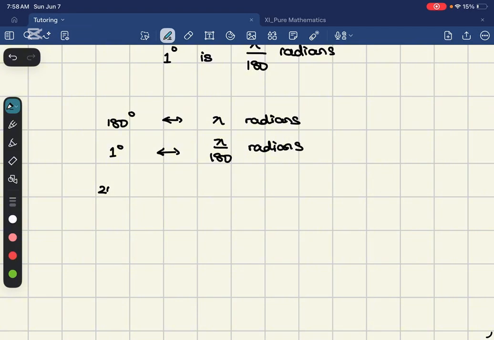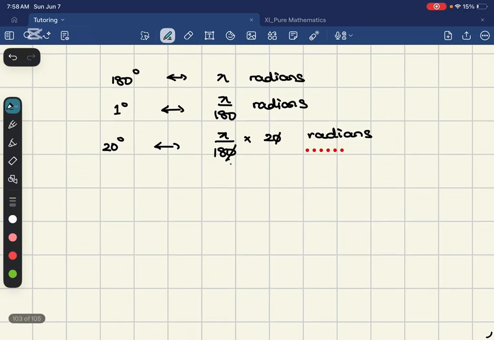And if you need 20 degrees, then, well, 1 times 20 is going to give you 20. So you need to multiply by 20 on both sides. And if you simplify, I believe that this is going to be pi over 9 radians. That is your answer, pi over 9.